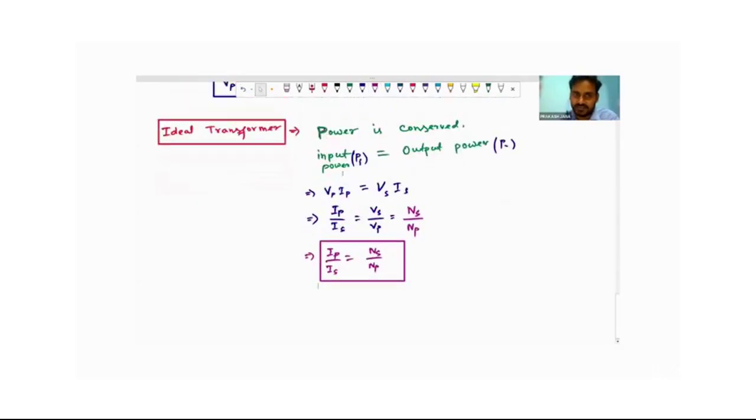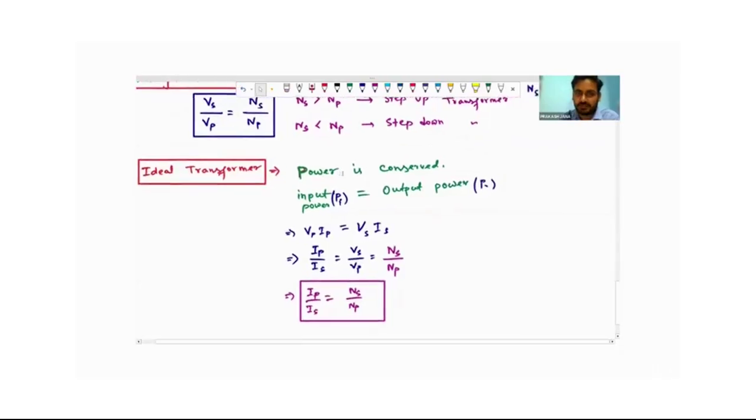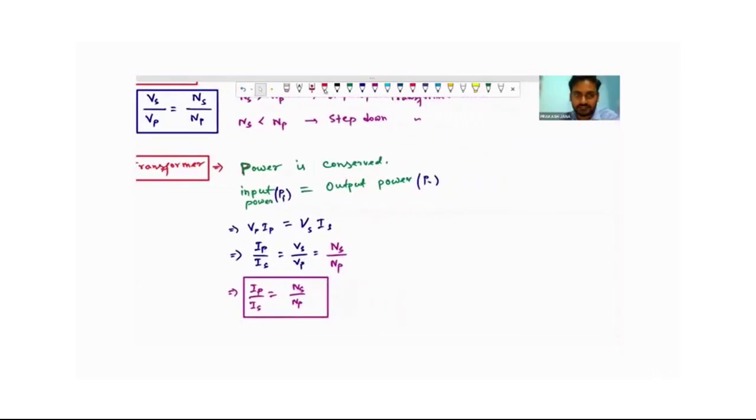What about a real transformer? There is no ideal transformer. For a real transformer, there is a term efficiency. It cannot transfer all the power from input to output, from primary to secondary.